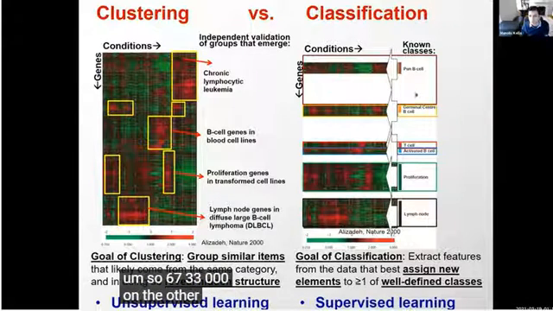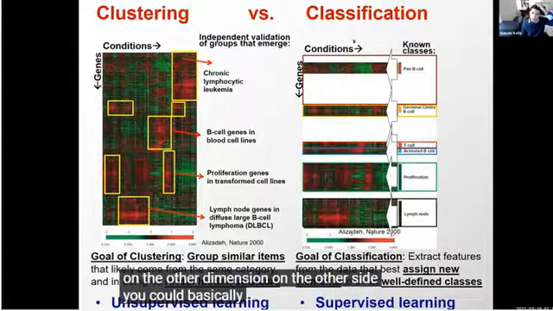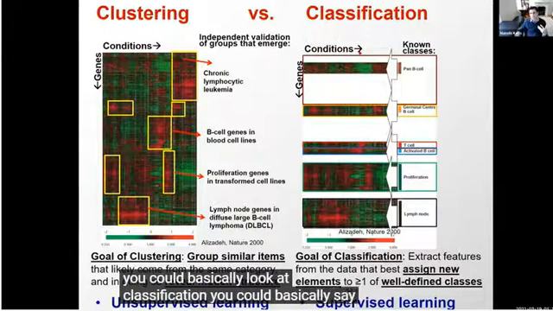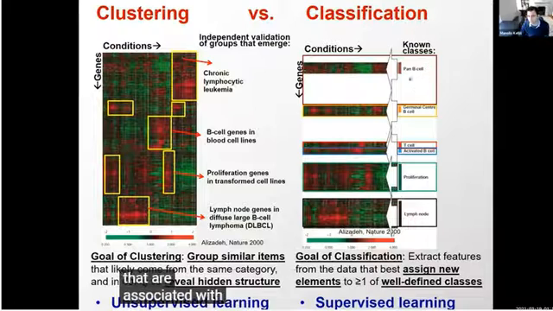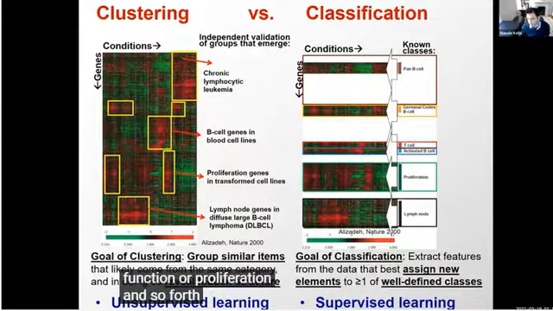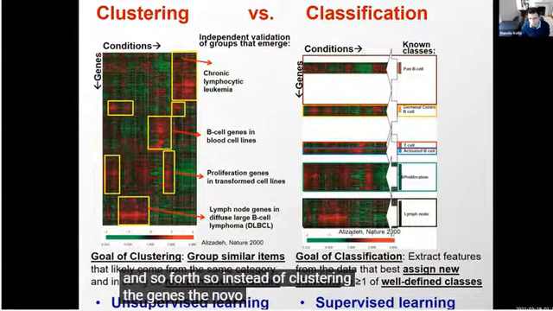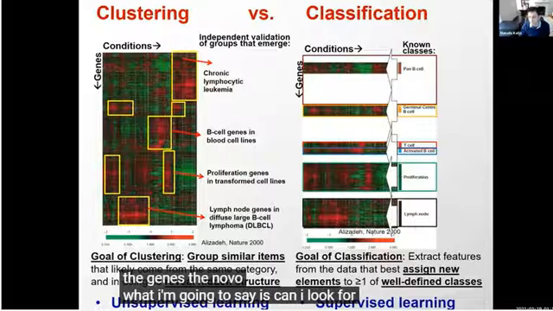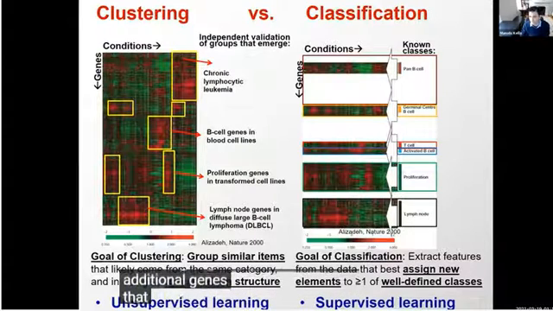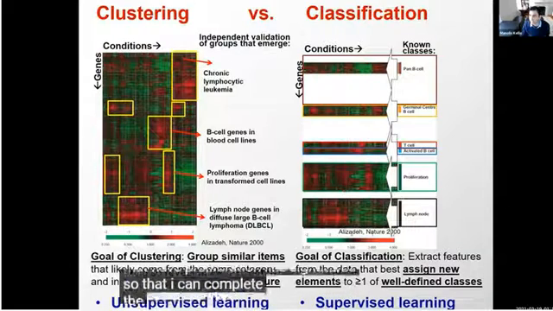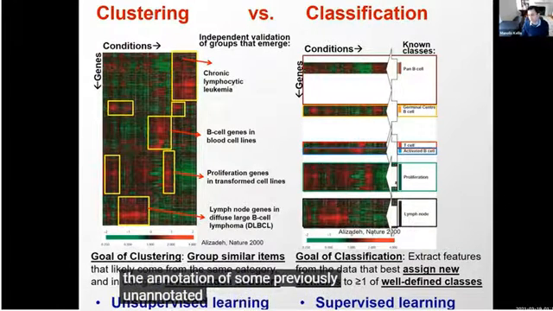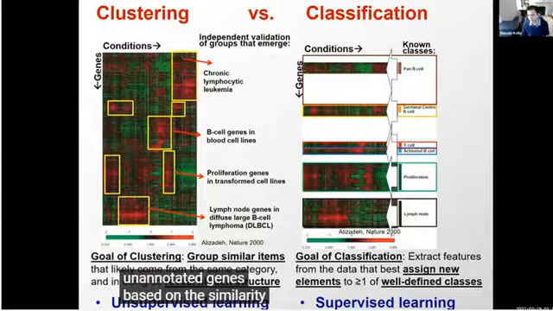On the other side, you could basically look at classification. You could say, well, I already know a bunch of genes that are associated with, I don't know, T cell function or proliferation and so on and so forth. So instead of clustering the genes de novo, what I'm going to say is, can I look for additional genes that have proliferation-like signatures so that I can complete the annotation of some previously unannotated genes based on the similarity of expression.